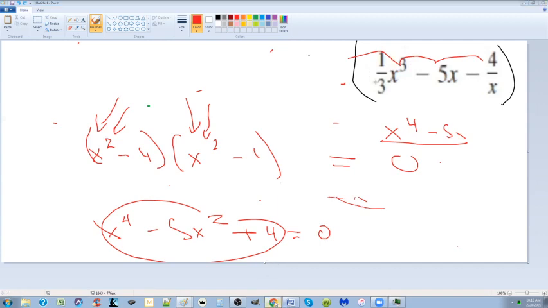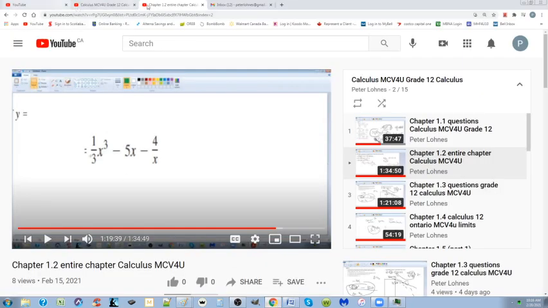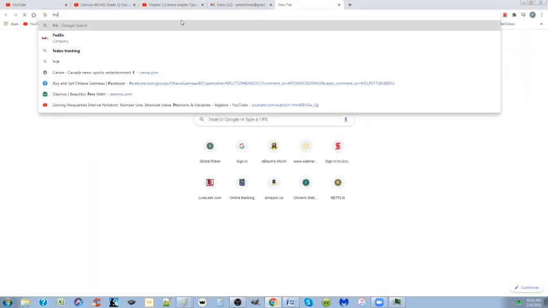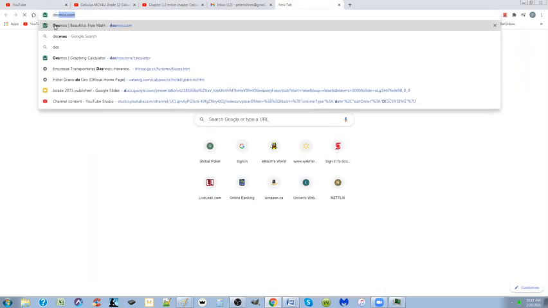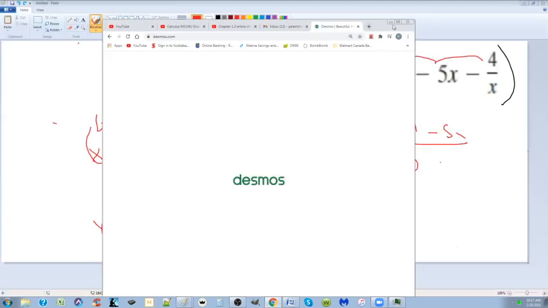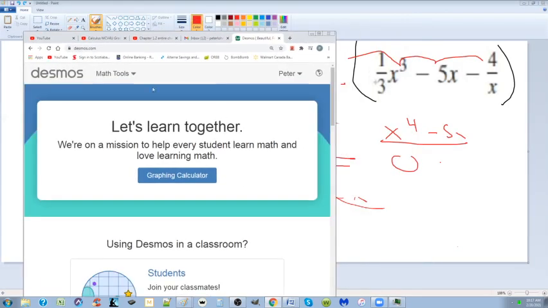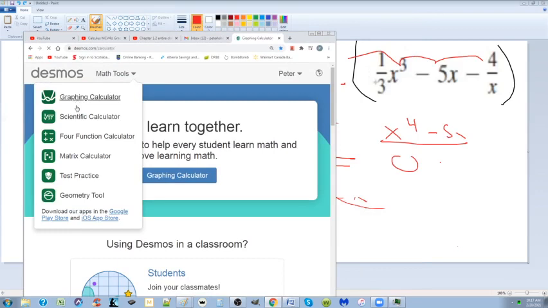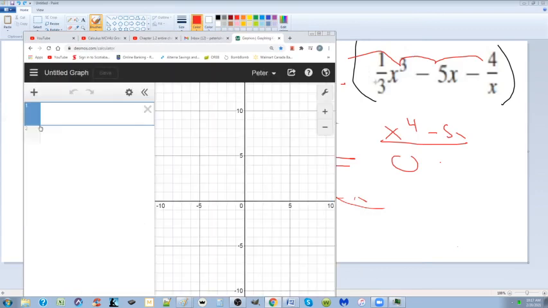Let's let Desmos find our flats for us. Why ain't it coming up with my graphing calculator? There we go. And I'm just going to let y is equal to it.